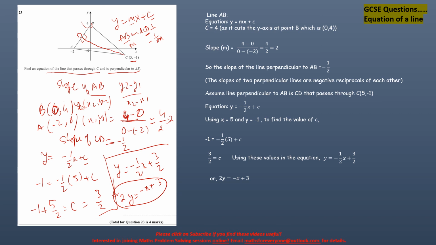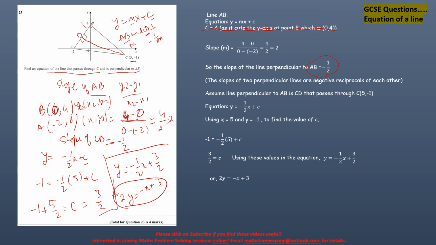We have to find the slope m, and the slope of the perpendicular line is minus half. This part is important here. They are negative reciprocals of each other.